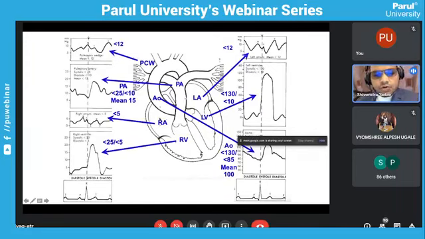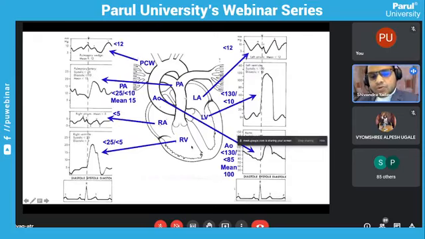Because blood has to go from one chamber to the other chamber. If the ventricles do not go this low to the level of the atria, then there is no possibility that the blood will be received from the atrium to the ventricle. Imagine if the diastolic pressure was very high, then you cannot receive blood from atria to ventricle, and hence the mean pressure of the atria is similar to the diastolic pressure of the ventricles.